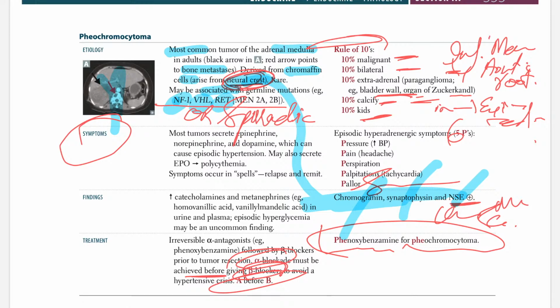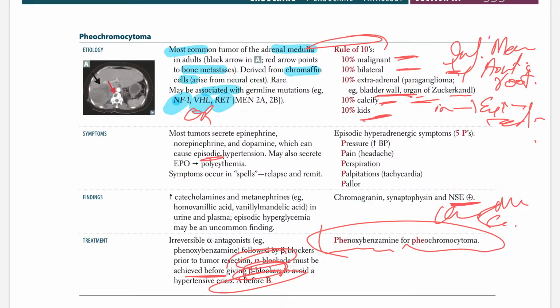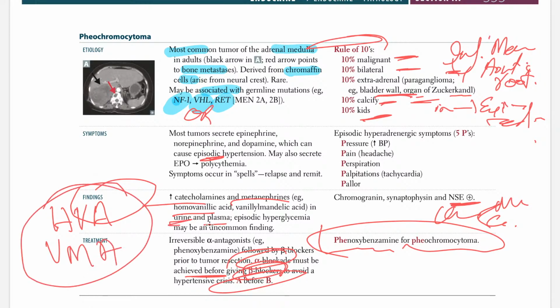Symptoms are again episodic headache, increase in blood pressure, increase in pain which is headache, increase in sweating, tachycardia, pallor, and polycythemia, because it increases EPO release. Symptoms occur in spells, which relapse and remit, which is the same thing as episodic. Okay. Findings again: increase in catecholamines, metanephrines, HVA, VMA, all are going to be increased in urine and in plasma.